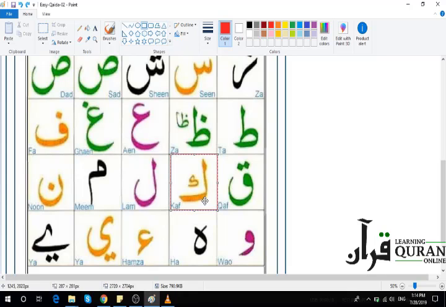Now always keep in your mind that if there are two dots, we read it as Qaf, but if there is no dot, we read Kaf. Also, this one looks like a lam, which you read as the next letter. See, this letter and the previous letter look a little bit the same, and there is one difference, which is the icon of that letter, this shape.